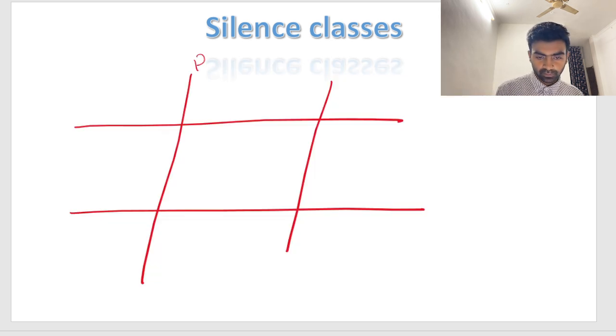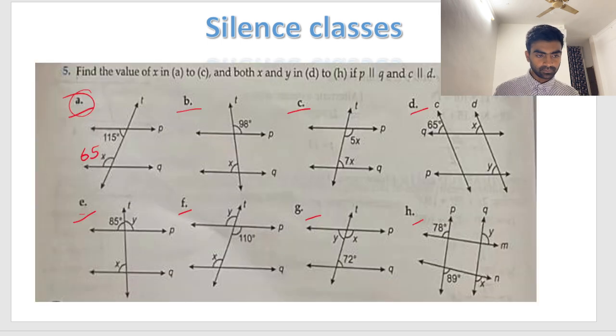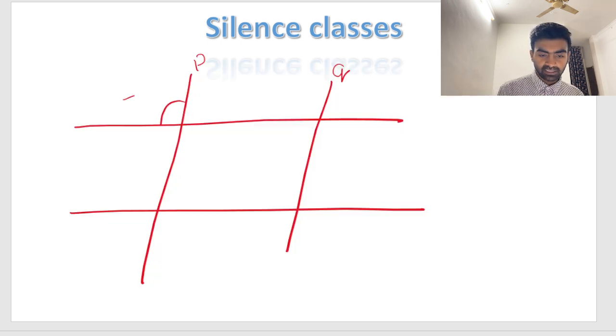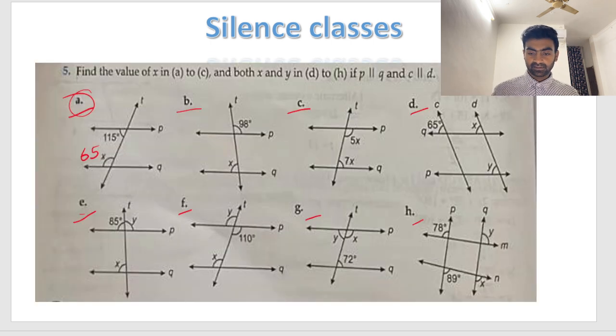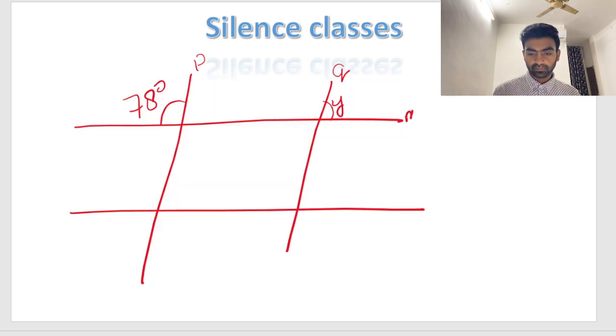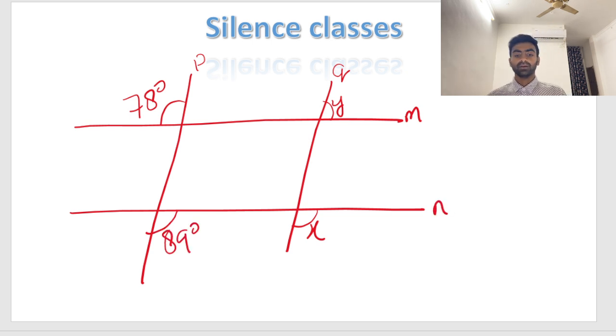This one is P, this one is Q, this one is 78 degree, this one is Y, this one is M, this one is X, this one is 89 degree, and this one is N. We have to find the value of X and Y. Finding the value of X is very easy by corresponding angles, because they are on the same side of the transversal, one exterior and the other interior.